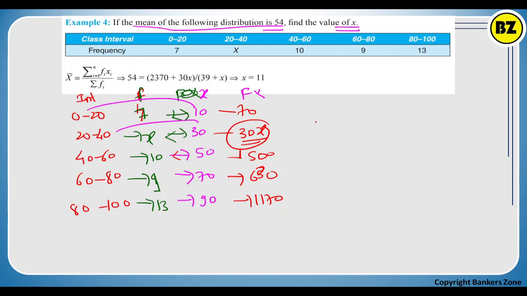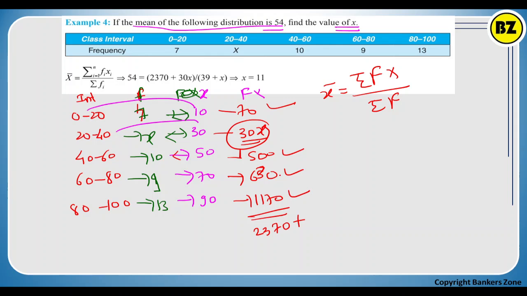Now what you have to do? Simply, you know the formula, what? X bar, that is mean, is equal to summation of fx divided by summation of f, right? What is the summation of this? You have to do the total, okay? When you add this, you will get 2370 plus this is 30x, so write as it is 30x, okay?